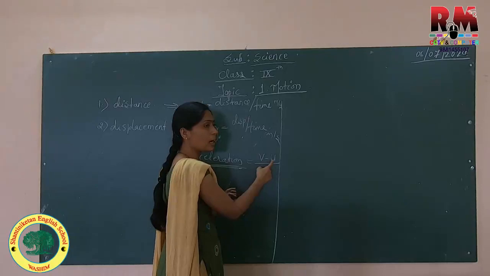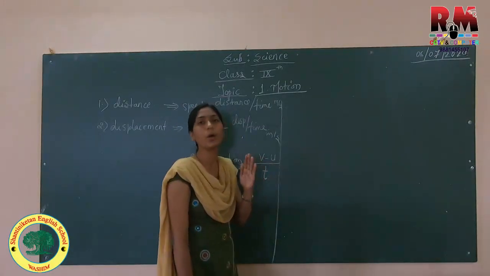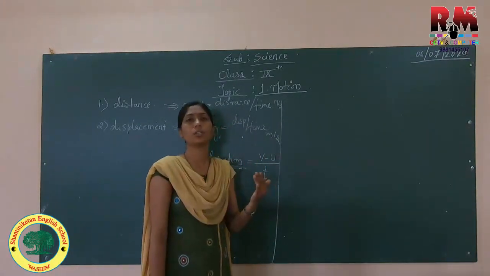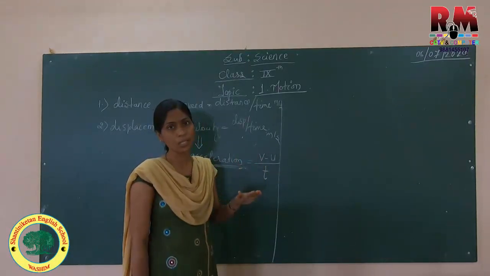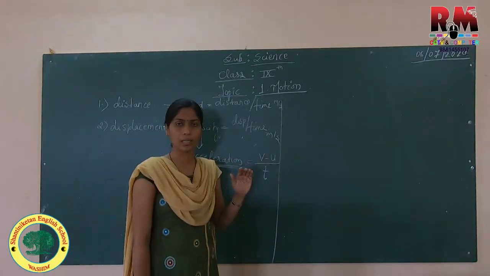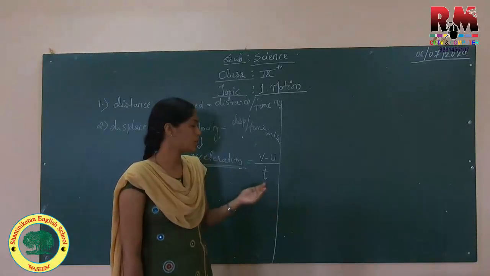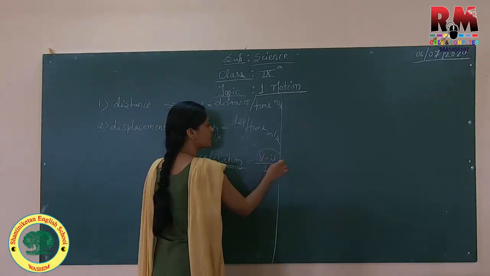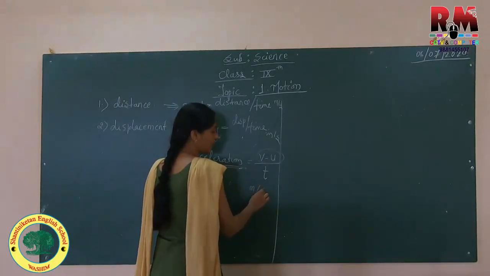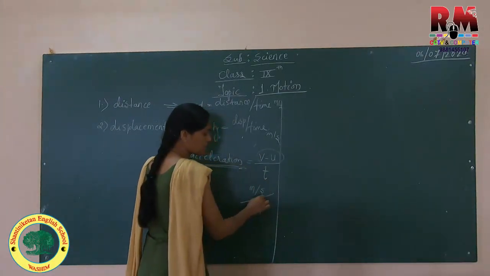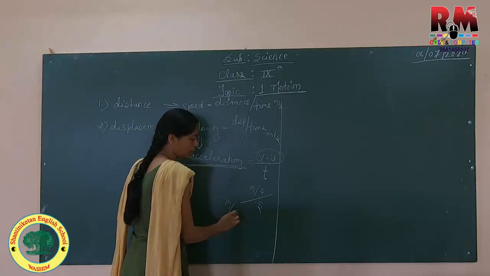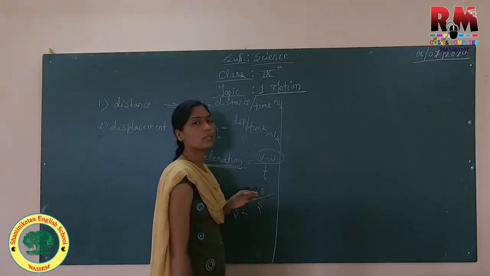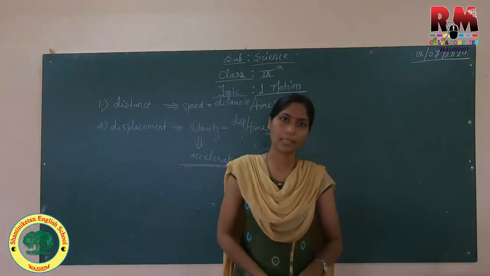Whenever we talk about change, it will always be final minus initial. So the change in velocity is final velocity minus initial velocity, divided by time. This is acceleration. The unit of velocity is meter per second and the unit of time is second, so it becomes meter per second square. This is the SI unit for acceleration.